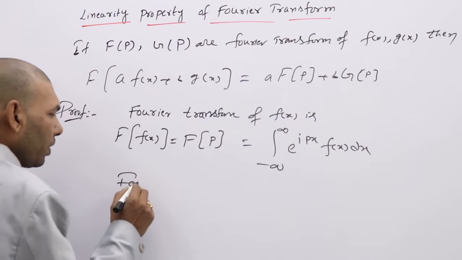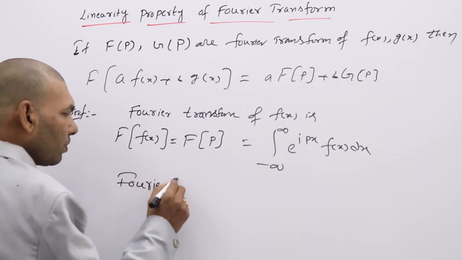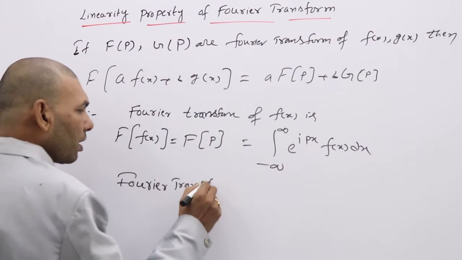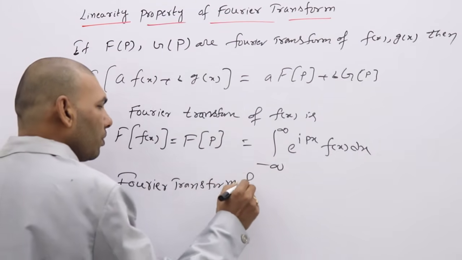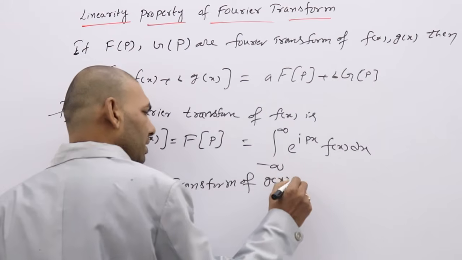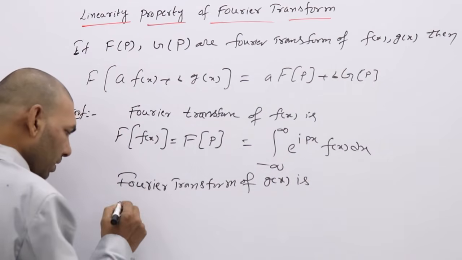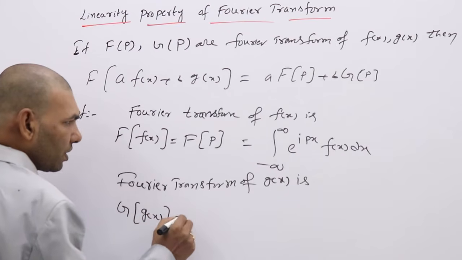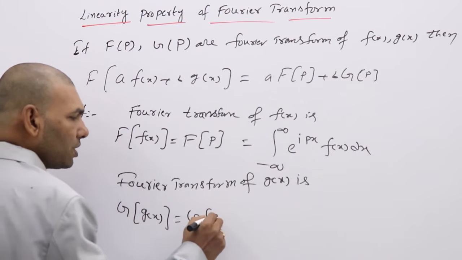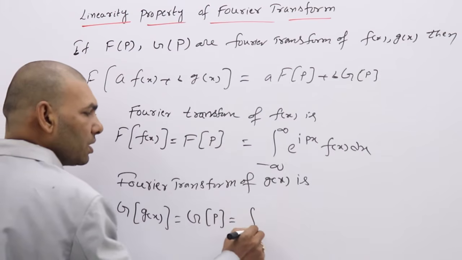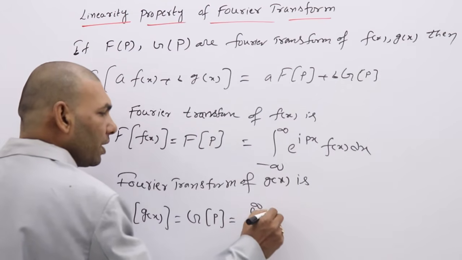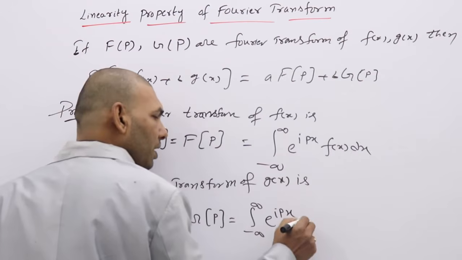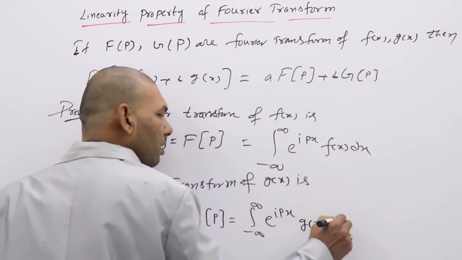Similarly, the Fourier transform of g of x is capital G of p, which is the integral from minus infinity to infinity e power ipx into g of x dx.